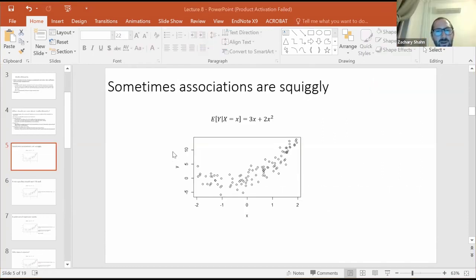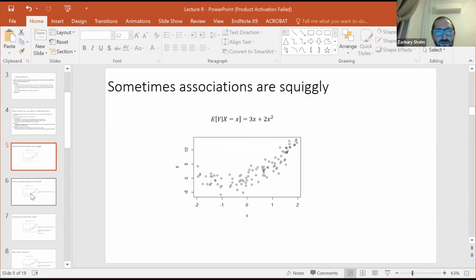The next topic is flexible regression. Sometimes the relationship between the outcome and a covariate is not linear in the covariate. For example, I simulated this data so that the conditional expectation of the outcome given the covariate follows this formula, 3 times x plus 2 times x squared, which is not linear in x.